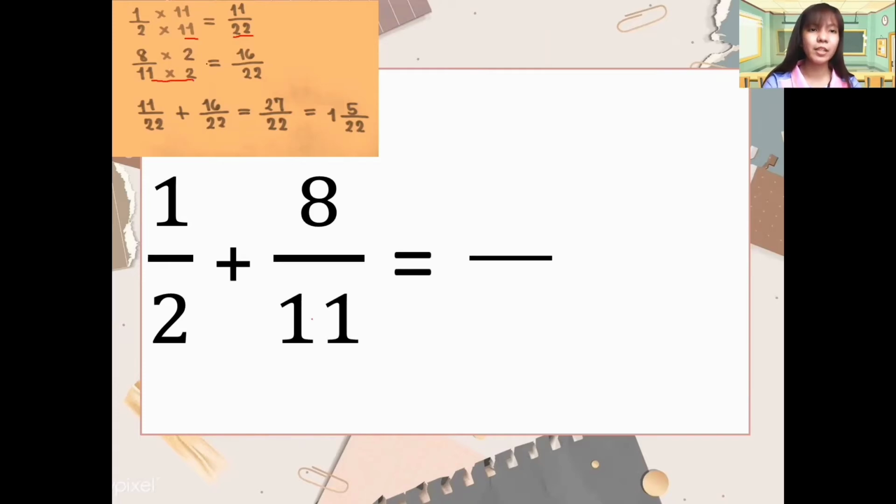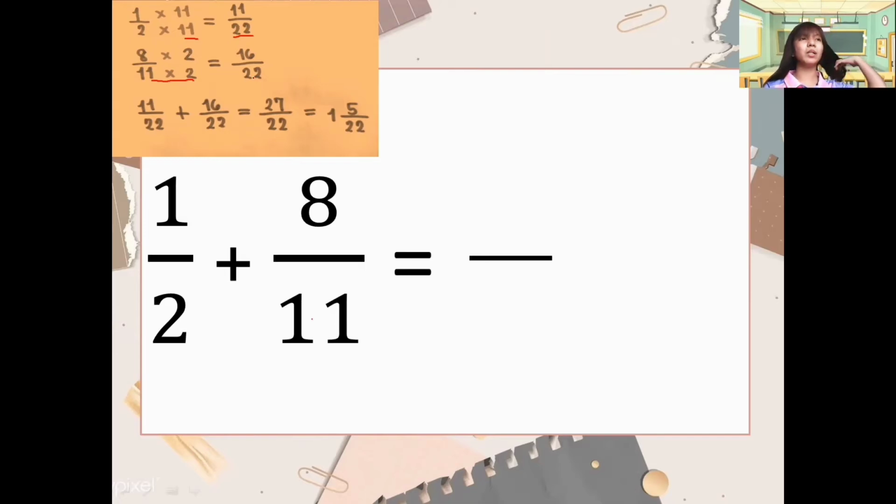Whatever the number that you multiply to the denominator, you have to multiply the same number to the numerator. So now we have 11 here, right? 1 times 11, 11. 2 times 11, 22. Here, 8 times 2, 16. 11 times 2, 22. Okay?